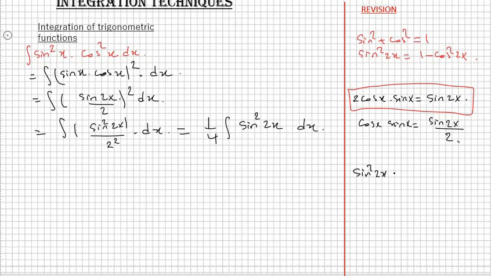I have to choose the law, the expression that doesn't present the exponent. So sine square of 2x gives half minus half cos 4x. As you can see, this cos doesn't have an exponent, so that means I can easily integrate.